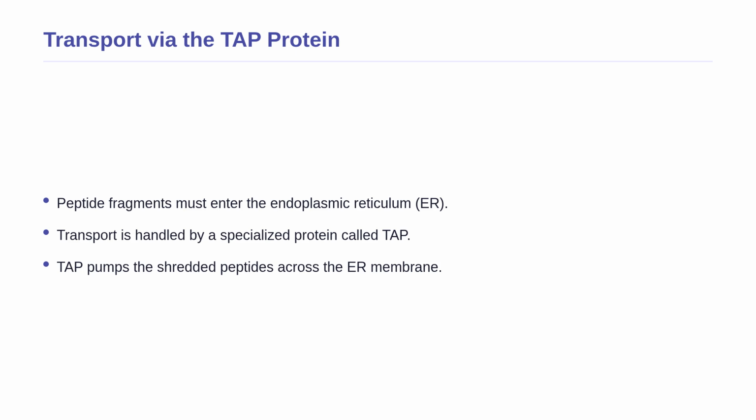TAP acts as a dedicated pump, actively moving these short peptide fragments out of the cytosol and into the lumen of the endoplasmic reticulum. This step is a critical bottleneck in the pathway. If the peptides cannot get into the ER, they can never be displayed on the cell surface.